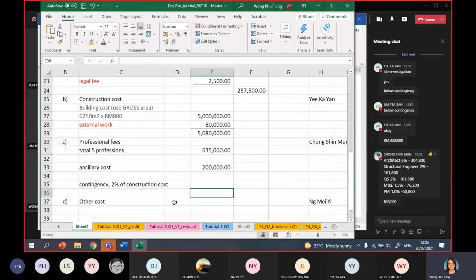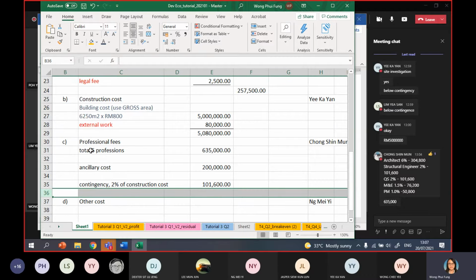For contingency, the question says 2% of construction cost, so you should take 2% of this figure. But if the question says contingency is 2% of construction cost and professional fee, then you include the professional fee. Okay? All right.